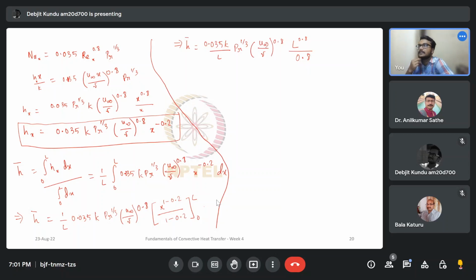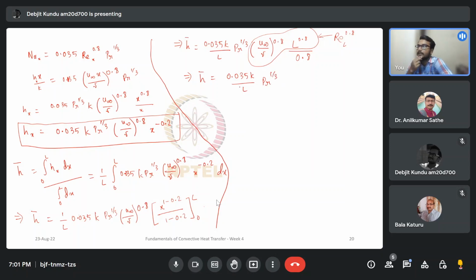So this part is nothing but u infinity into L by nu to the power 0.8, right? So we can write this as Reynolds number, Re_L raised to 0.8. So once again, this becomes 0.035 k by L, Prandtl number to the power 1/3.